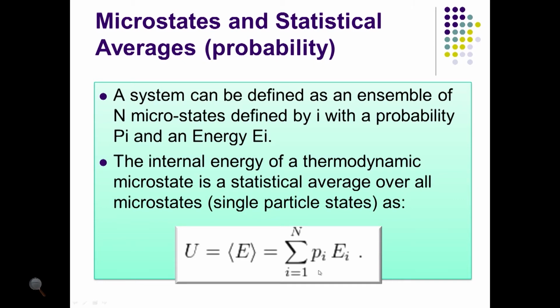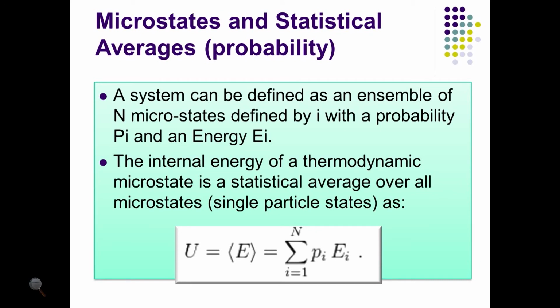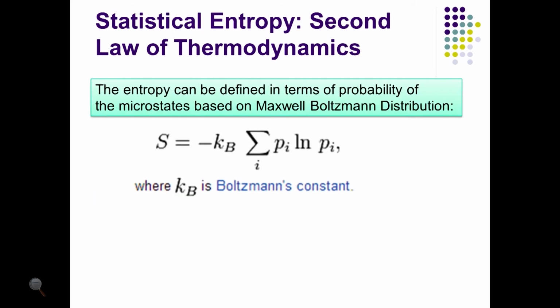There are lots of microprobabilities being summed over for each microstate energy E_i. You know their probability of existence in a particular state space, and then you sum them up with the energy E_i. It is almost like creating a mean in the statistical sense, and that is called the internal energy based on the microstates of each atom.